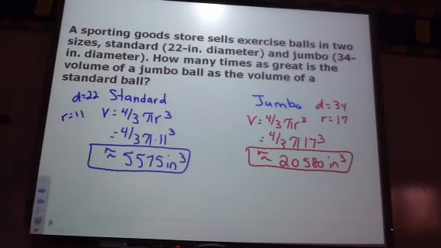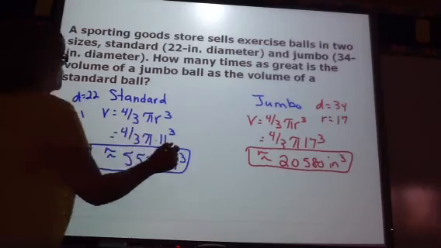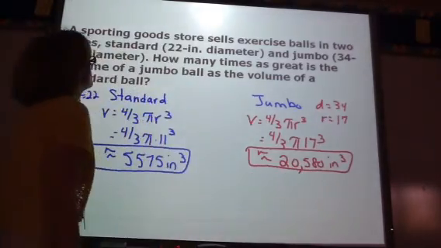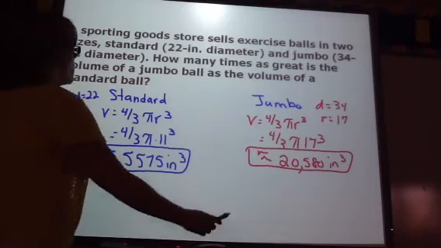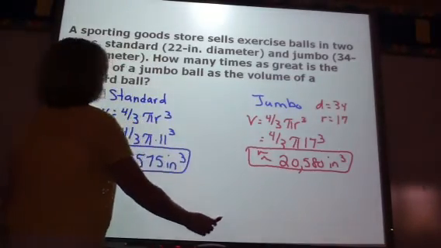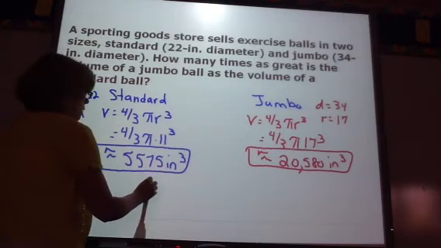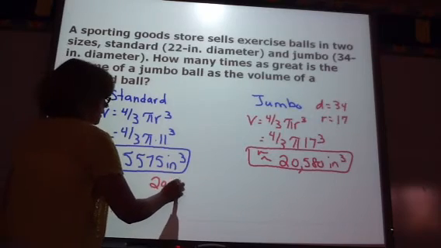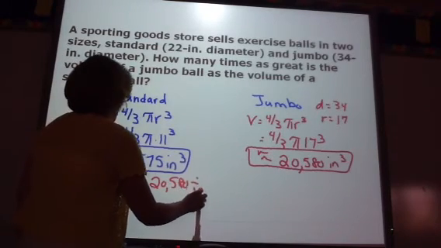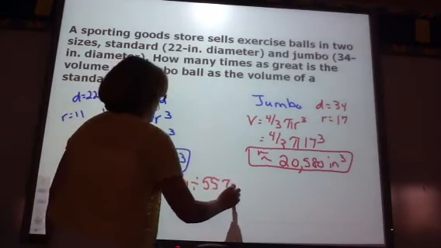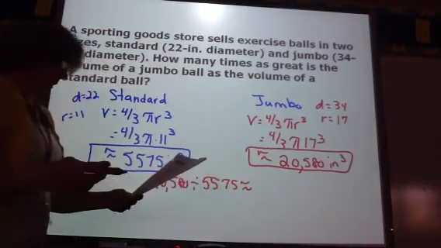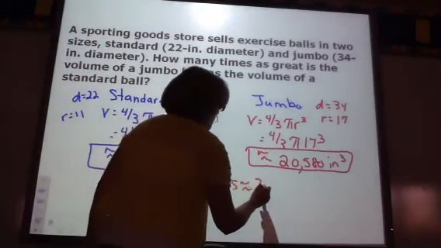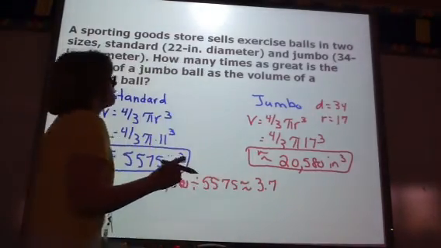Okay, so we want to know how many times as great the volume of the jumbo ball is as the volume of the standard ball. So you want to take the 20,580 and divide by the 5,575, and it's approximately 3.7.